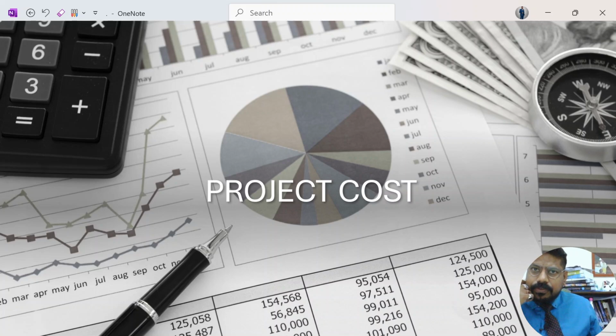Then you have quality, resource, communication, risk, procurement, stakeholder, and integration.